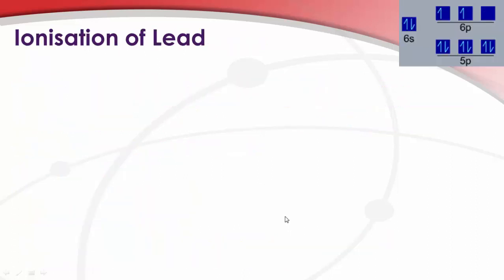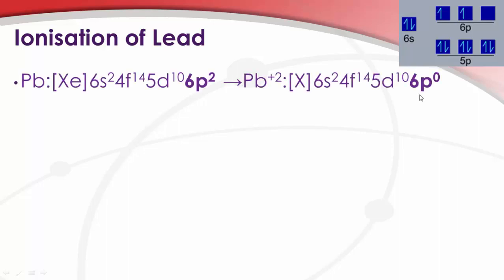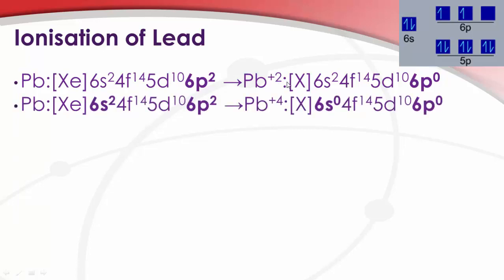Now, in contrast, lead has multiple ionization states. If we look at its outer shell electrons, they look like this, with a pair of s electrons and 2 p electrons. No great surprise, we can kick out those 2 p electrons and form lead 2 plus. However, the s electrons are similar in energy to this, and it doesn't take too much more to kick those out as well and form the 4 plus ion.